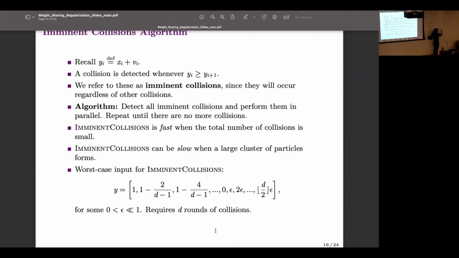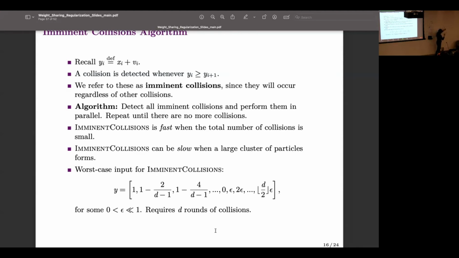These two merge, and their velocities are going to be 1/2, 1/2. Then these two merge, and the velocities are going to be 1/4, 1/4. So this is going to merge with the next one, and the next one. This is actually the worst-case example, because if we could see all of the collisions in the beginning, we could handle them in parallel.